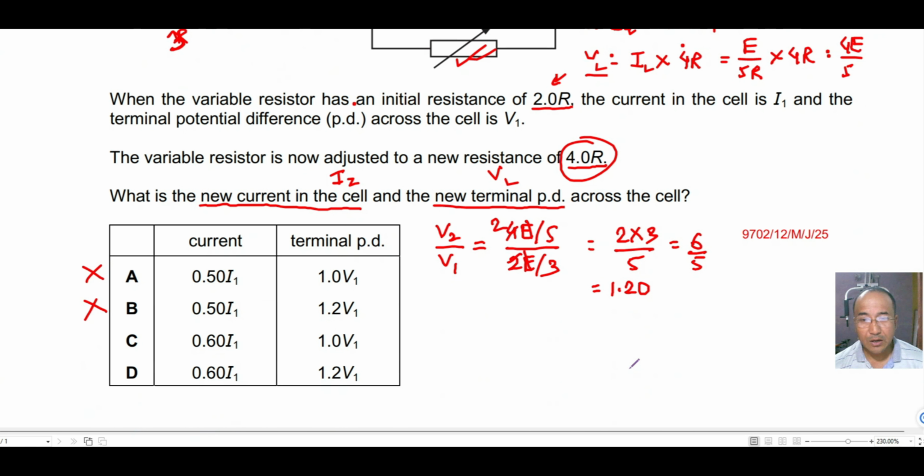So now V2 is equal to 1.20 V1. And if I go through the choices, choice number D seems to be correct and C is not correct. So choice number D is the correct answer.